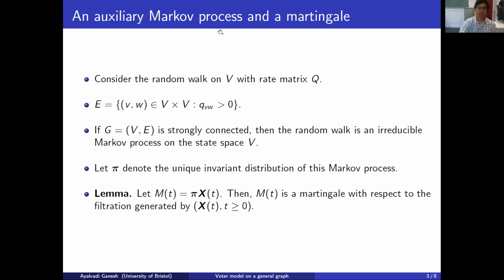So this is going to be a Markov process on the much smaller state space of cardinality n. And we define this random walk to have this rate matrix or infinitesimal generator Q, meaning that in some small time delta, if the random walk is at vertex V, it moves to vertex W with probability Q_VW times delta.